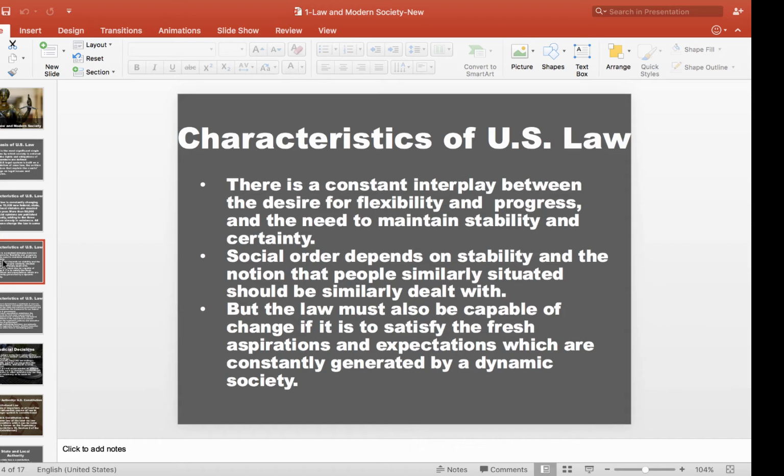But the law also has to be capable of change to satisfy new aspirations and expectations. A great example of that is the U.S. Constitution itself, which did not deal with the issue of slavery, and so it was amended with the 13th, 14th, and 15th Amendments to deal with the issue of slavery.